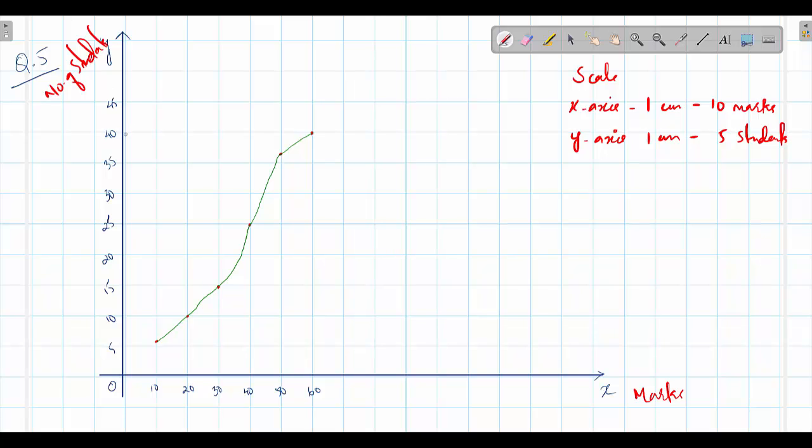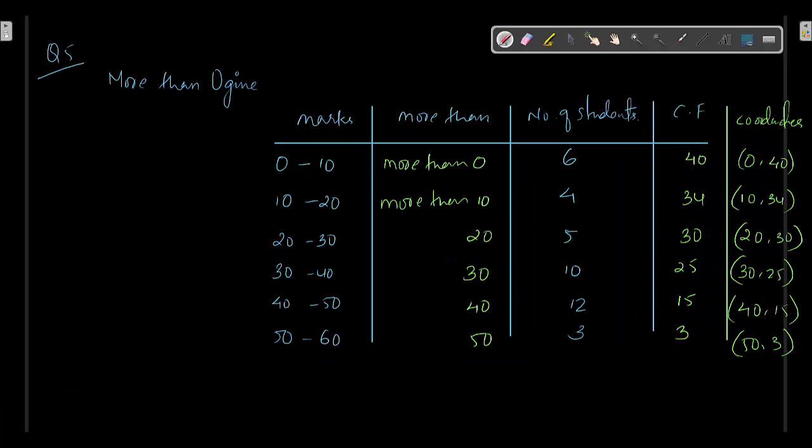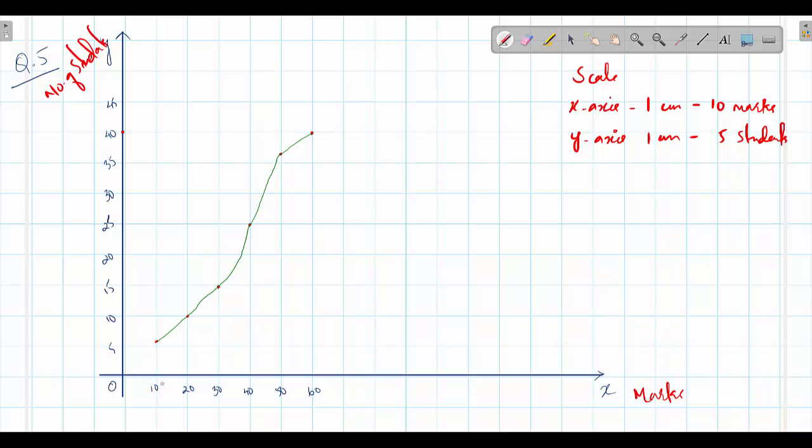First, let's plot it with red color. So our first point is here, 40. Next, more than 10 is 34. So 35 is here, so 34 should be somewhere here.